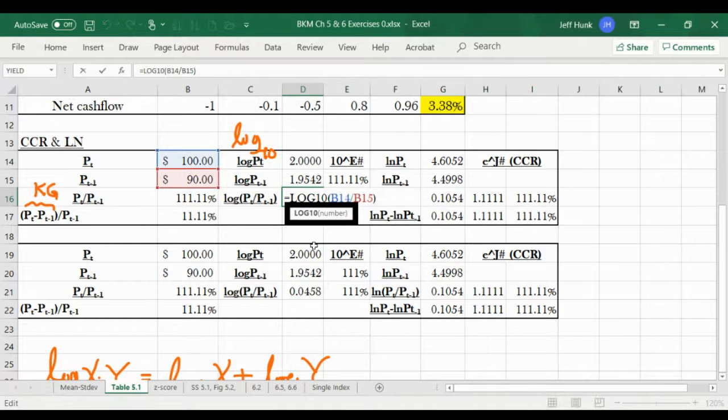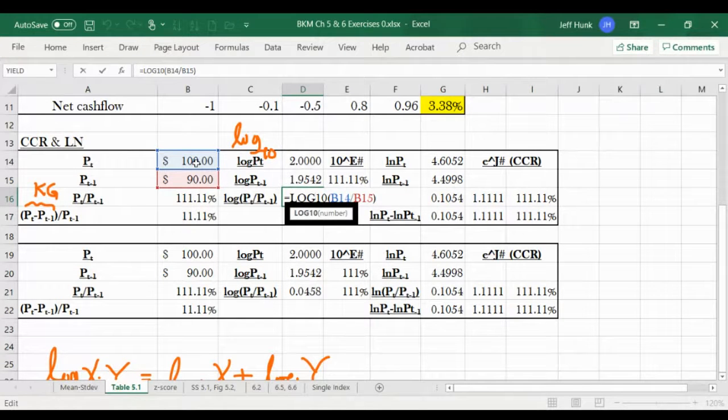This was slightly wrong, incorrect, but you get the idea. I did just this, right? If I take log of this ratio, right?